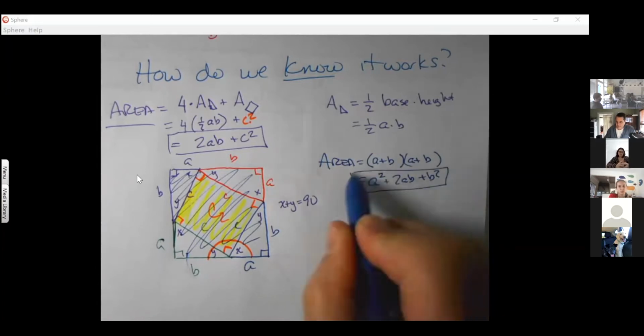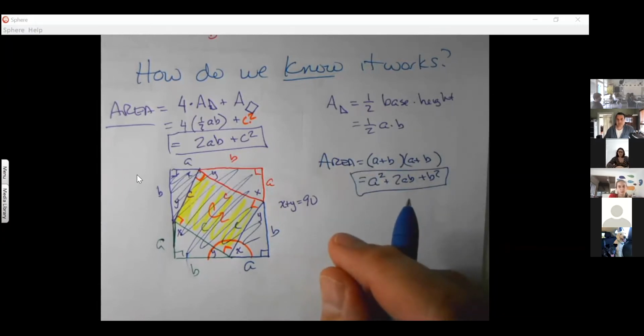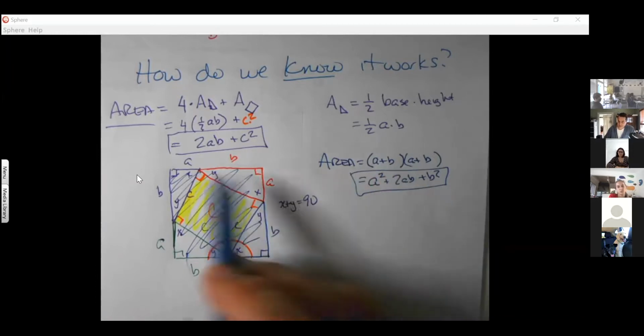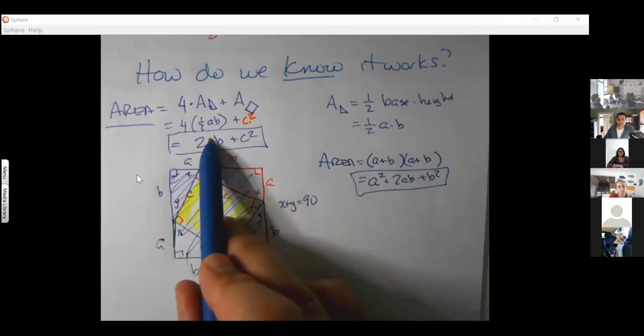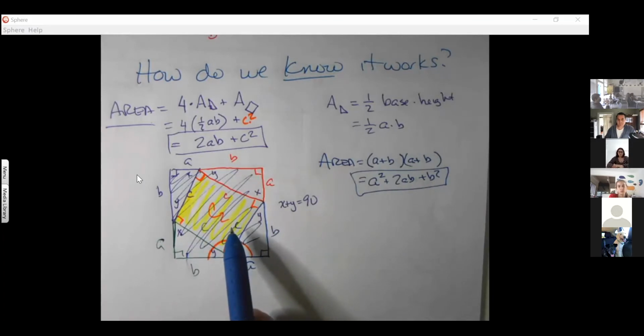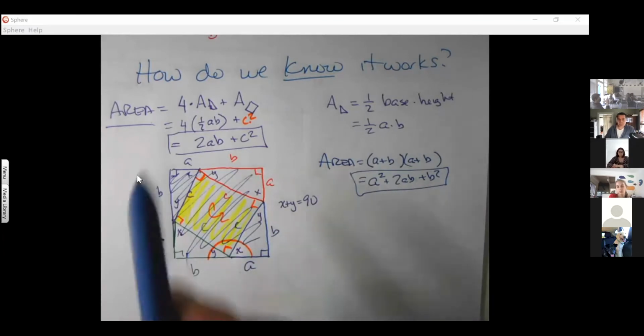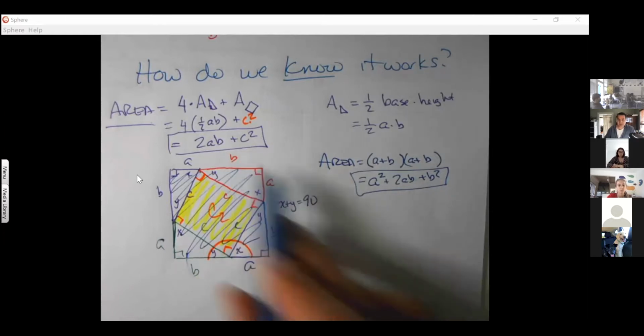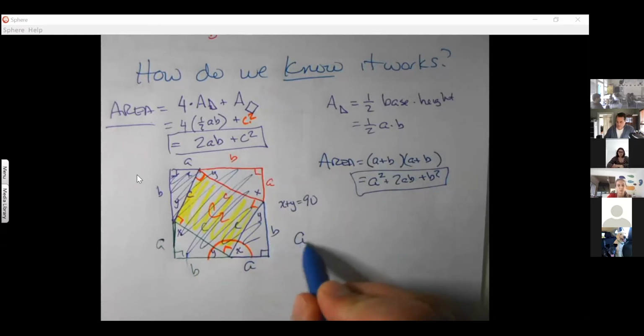Okay, good. No, that didn't really help me either. Except that aren't both of these formulas areas of the exact same shape? So if they describe the area of the same shape, then these 2 expressions must be equal to each other.